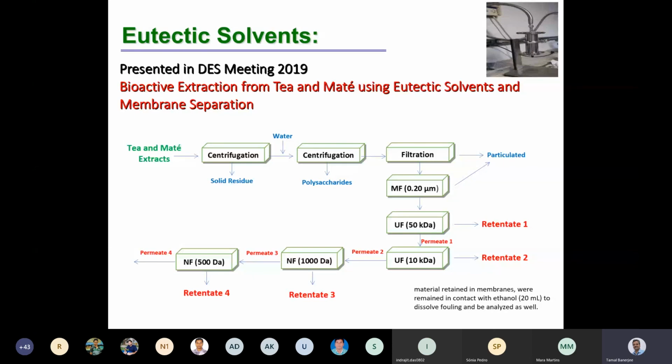Microfiltration is just to remove the particulate, and before that we use centrifugation to remove polysaccharides, and then try to separate saponins from polyphenols from eutectic solvents.